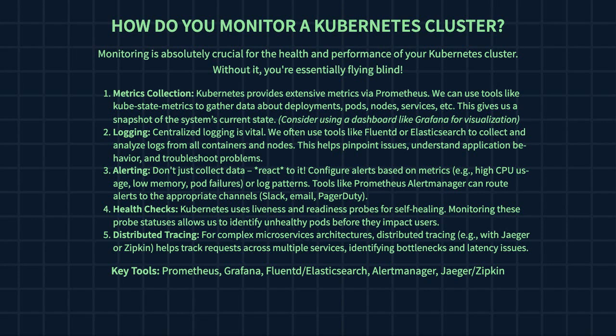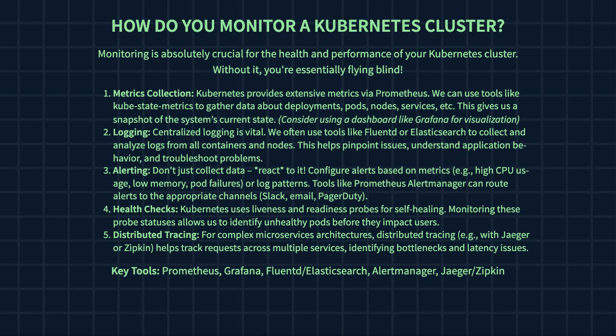Okay, so monitoring a Kubernetes cluster is all about getting the right information at the right time. First, we're gathering metrics, things like CPU usage and memory consumption, using tools like Prometheus. Then, we need to collect logs from every container and node to see what's happening under the hood. Setting up alerts based on these metrics or unusual log patterns is super important, so you know immediately when something goes wrong.